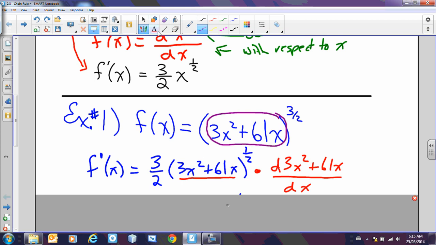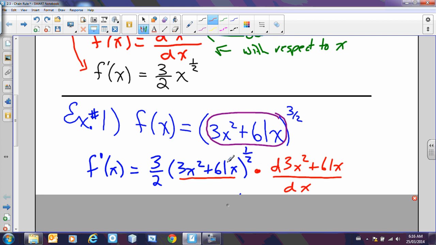The difference now, of course, is I have this part right in here that I have yet to deal with in any way. I'm taking the derivative of this entire expression, which means that I somehow have to take the derivative of this part of the expression that I haven't yet dealt with. And so how we do that, basically just continue the process. We're saying this part hasn't been dealt with yet, so let's deal with it.